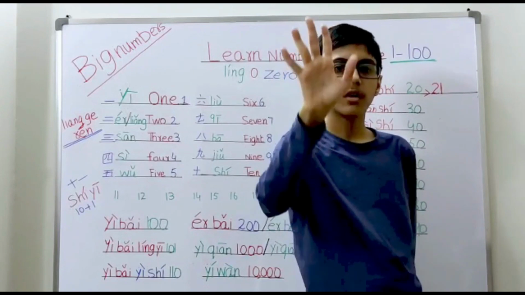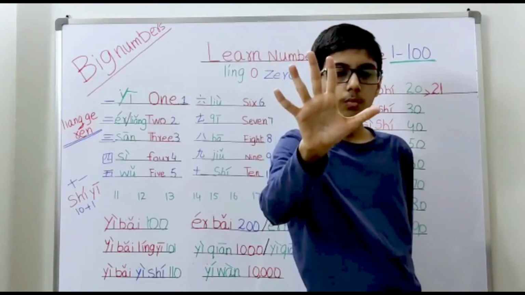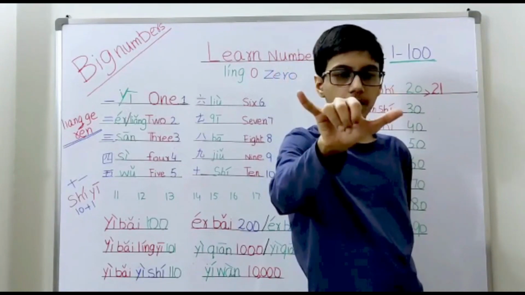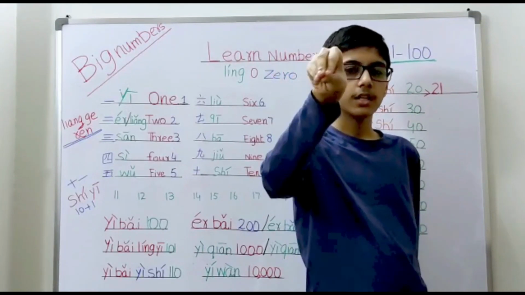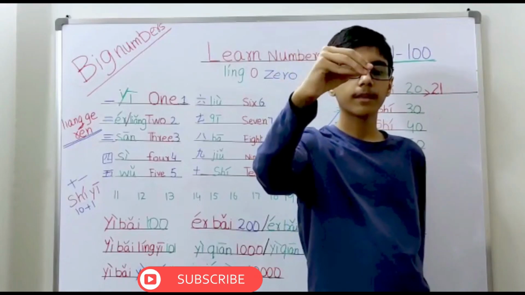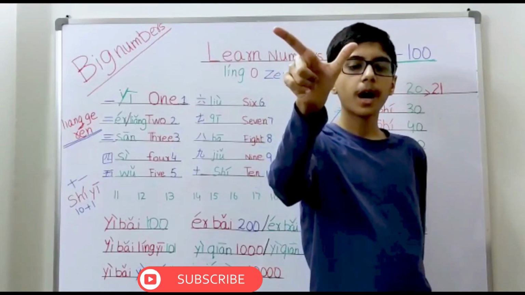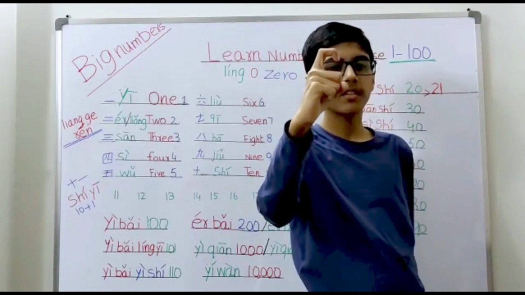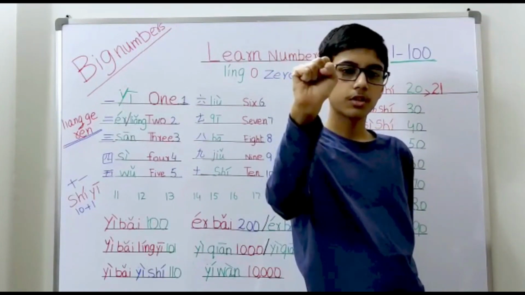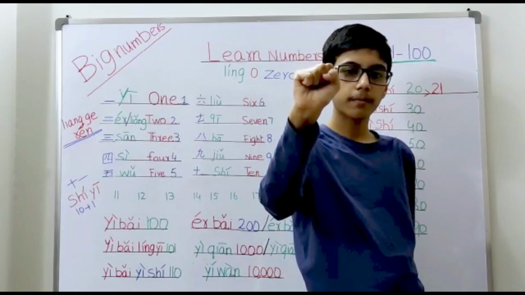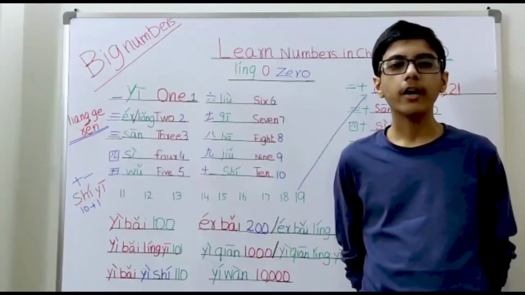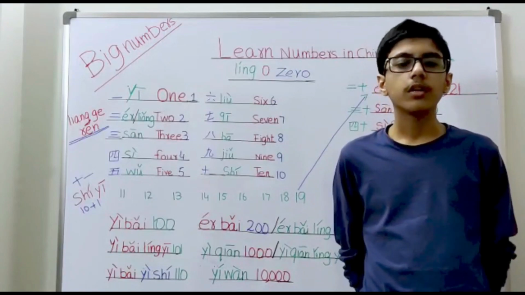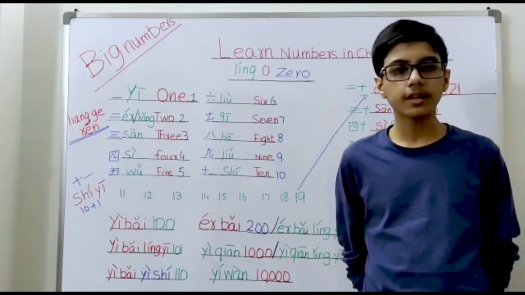Sì means 4. Wǔ means 5. Liù means 6. Qī means 7. Bā means 8. Jiǔ means 9. Shí means 10.